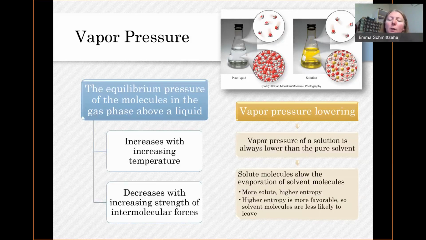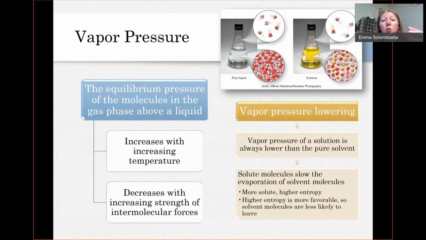And that is directly related to how many particles are in solution. So just like osmotic pressure is directly related to concentration, if you add more particles, your osmotic pressure goes up, and the more you add, the more it goes up. The same happens for vapor pressure, but it's going down instead. So if you add more particles to a solution, the vapor pressure goes down.